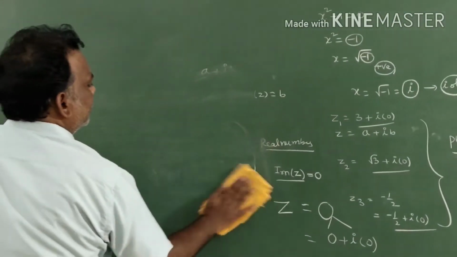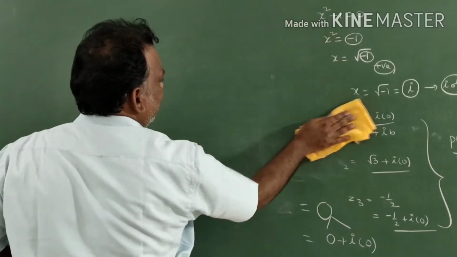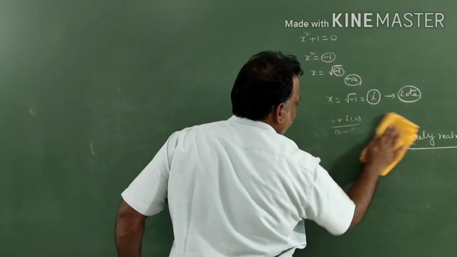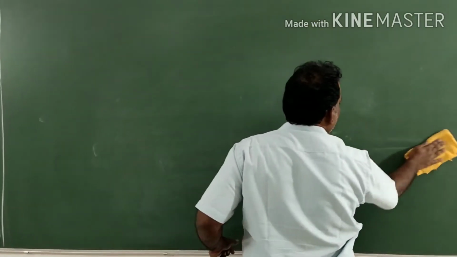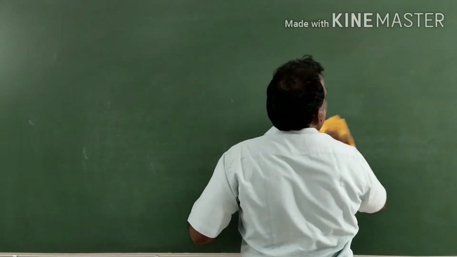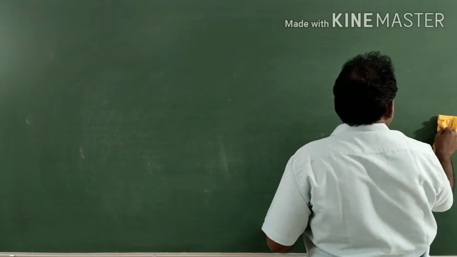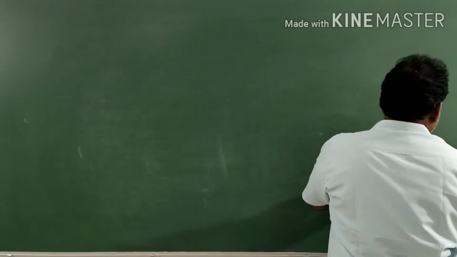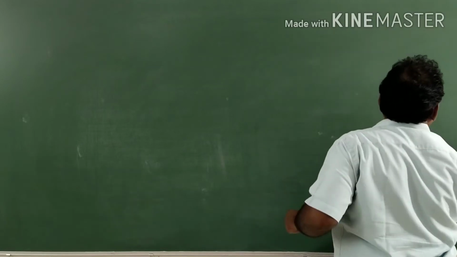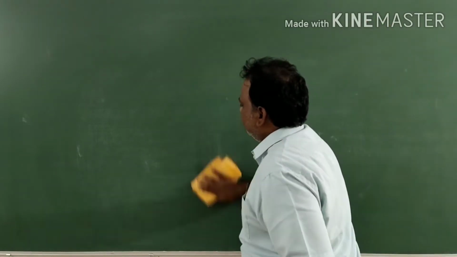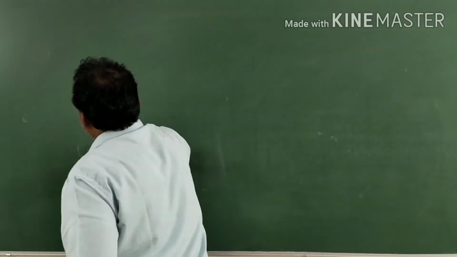Right. Our present topic. I told you these complex numbers are represented in a certain plane, named the Gaussian plane, Argand plane, or complex plane. What does it represent? I already told you, in this plane the horizontal axis is the real axis and the vertical axis is called the imaginary axis.